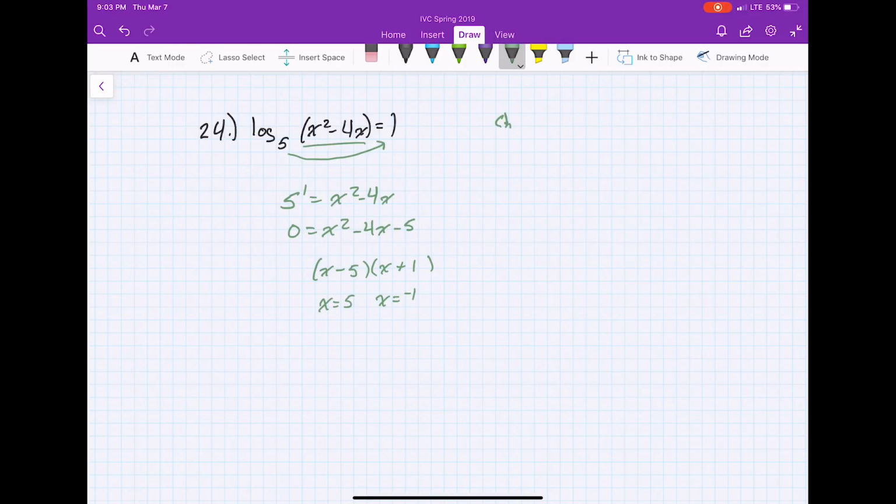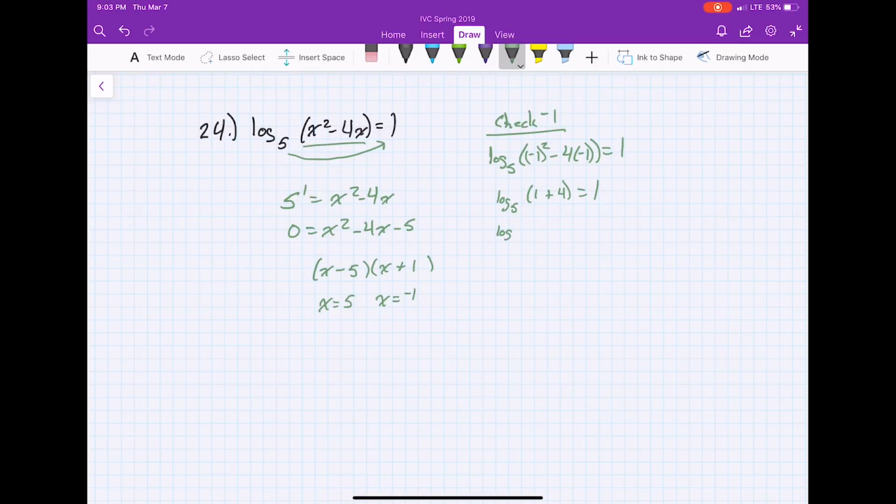So we've got these two values, but we have to check them. So we're going to check -1 first. So I will put -1 into the original log. So log base 5 of the quantity -1 squared minus 4 times -1, all equals 1. Well, the inside reduces to 1 minus a -4, which is actually 1 plus 4, equals 1.